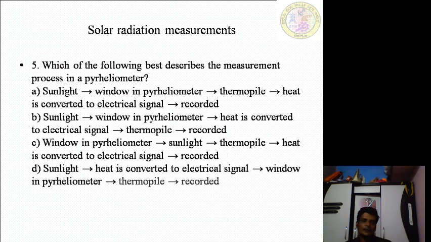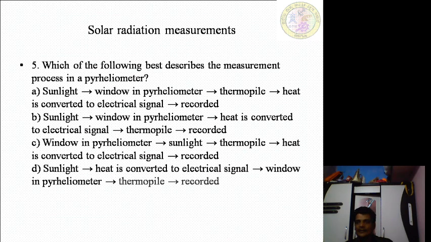C. Window in pyrheliometer, then sunlight, then thermopile, heat is converted to electrical signal, then recorded. And D. Sunlight, then heat is converted to the electrical signal, then window in pyrheliometer, then thermopile, then recorded. These are the sequences or processes.